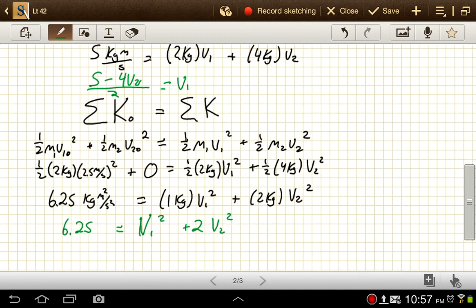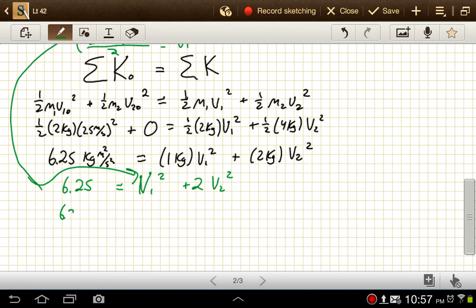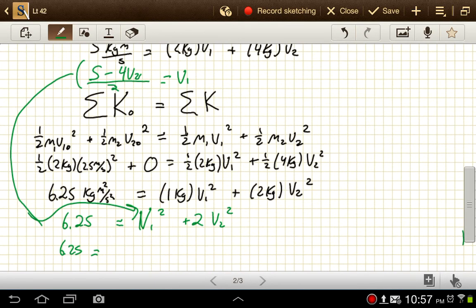And then I'll substitute this in down here. So I get 6.25 is equal to 2.5 minus 2v2 squared plus 2v2 squared.